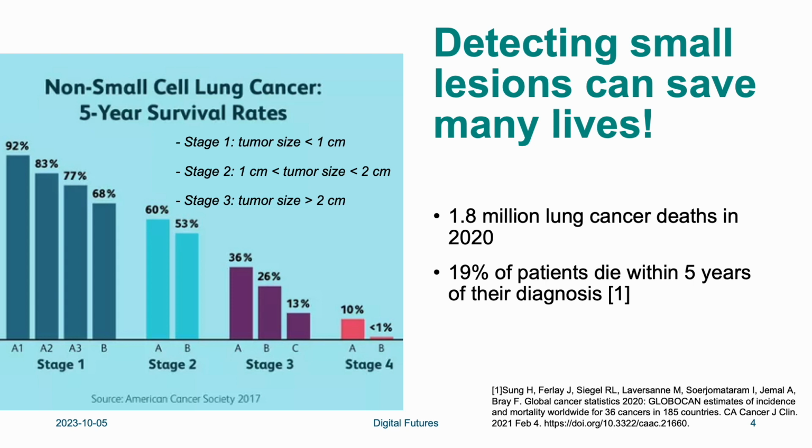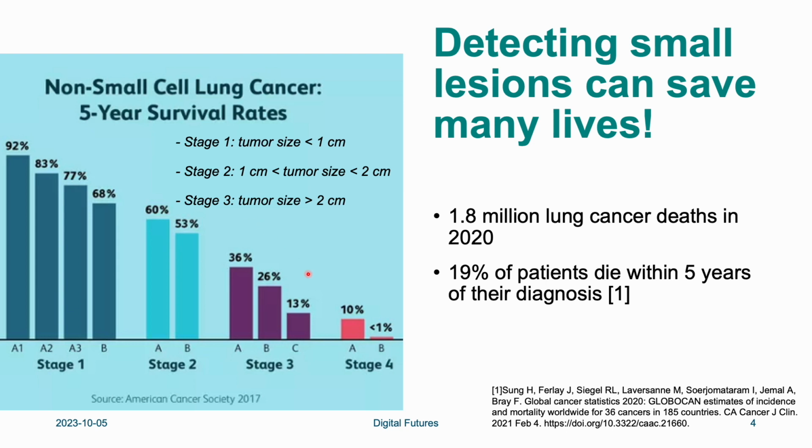Lung cancer is responsible for around 2 million deaths every year. And from the graph on the left, you might be able to understand that when the cancer is discovered at an early stage, so lesions are of the size of 1 centimeter or less, the 5-year survival rate is quite high, with as high as 92% or maybe something like 80% on average.